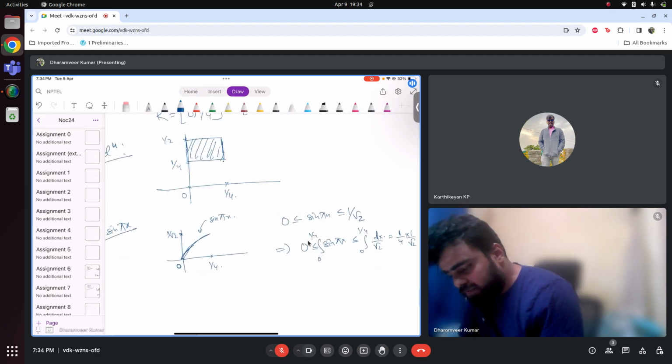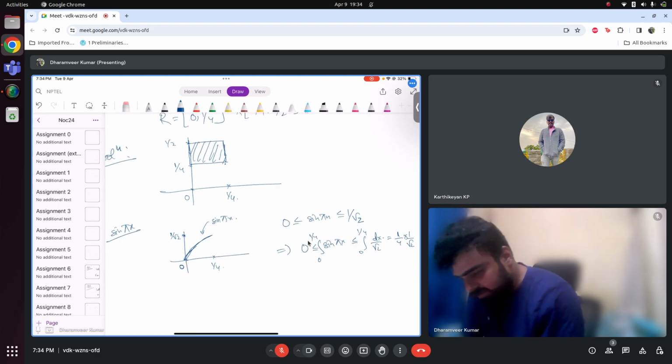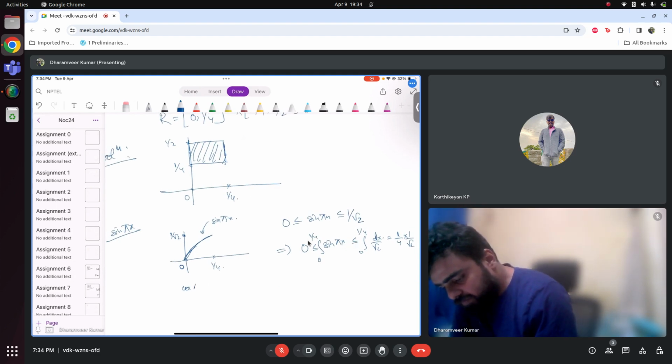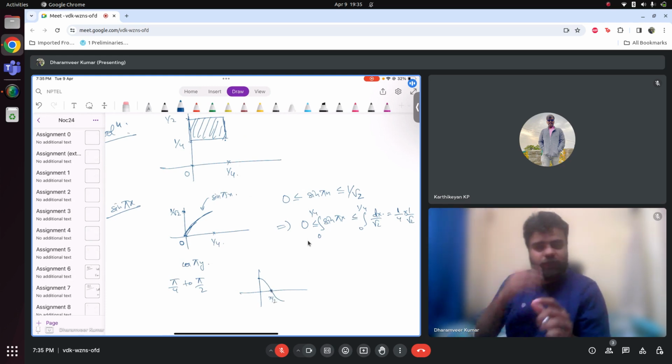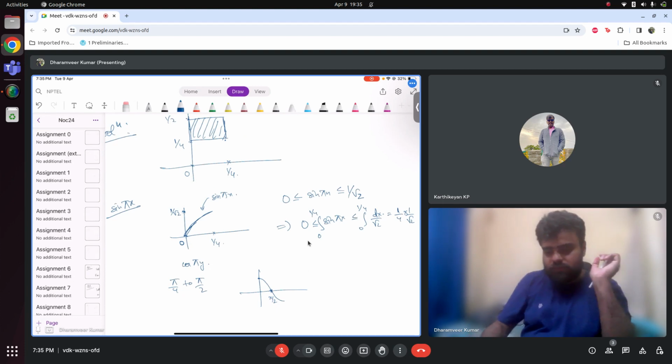What about cos pi y? So it's going from pi by 4 to pi by 2. How is the cos curve? At 0 it's 1, pi by 2 is 0.